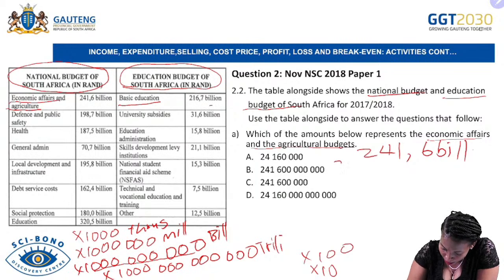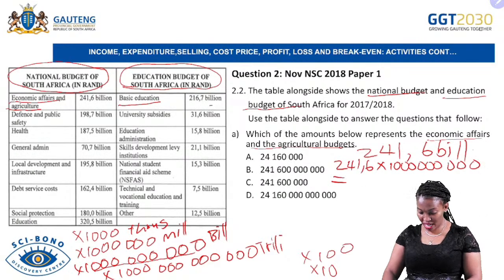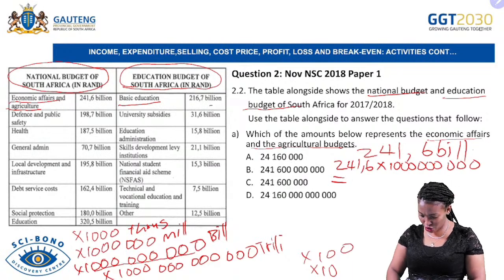So you are going to say 241.6 multiplied by 1 and 9 zeros. So you punch this on your calculator, guys. Always rely on your calculator, guys. Don't take chances and guess.